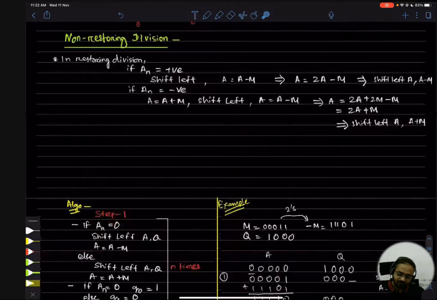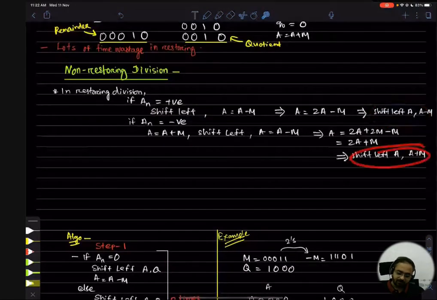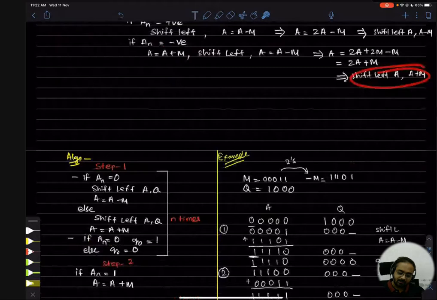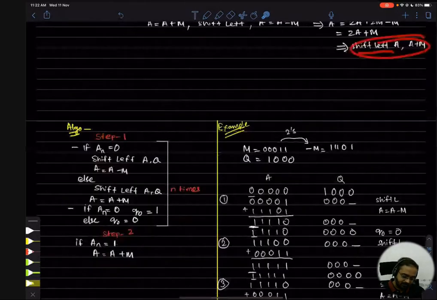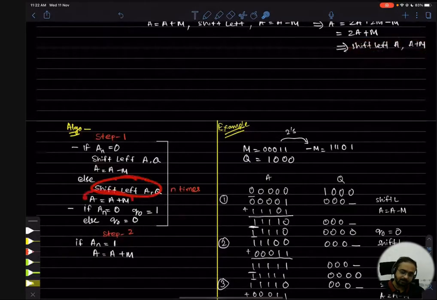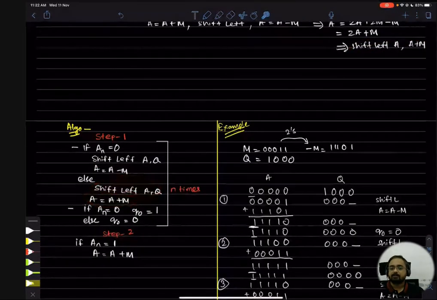In that case, we shift left AQ and do A equal to A plus M. These two steps are very easy to understand.